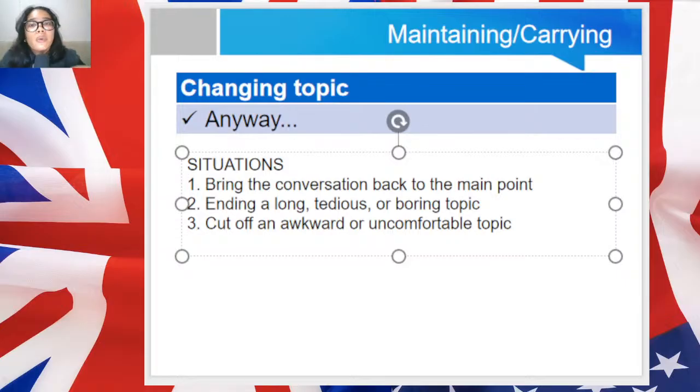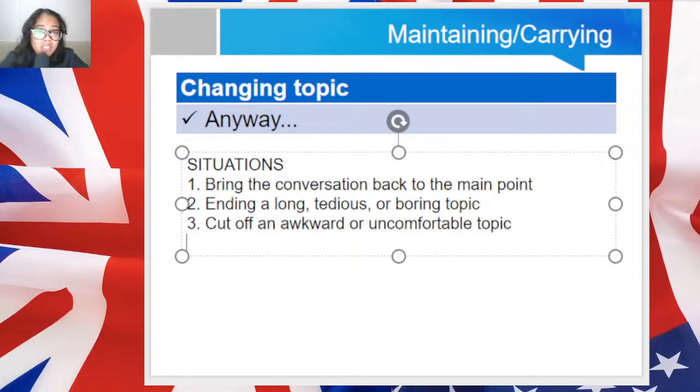There are times that the one we are talking to is mentioning sensitive topics. Maybe someone accidentally says something that is, as I've mentioned, a little insensitive, or the topic becomes tense or negative. Using anyway can be a great way to change the subject and bring some positivity back to the conversation.